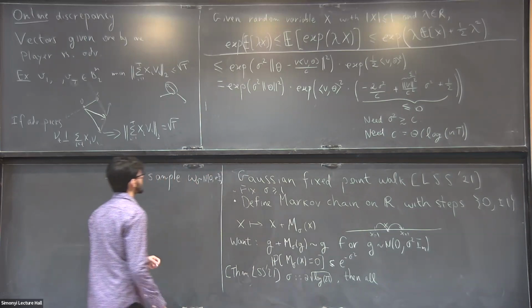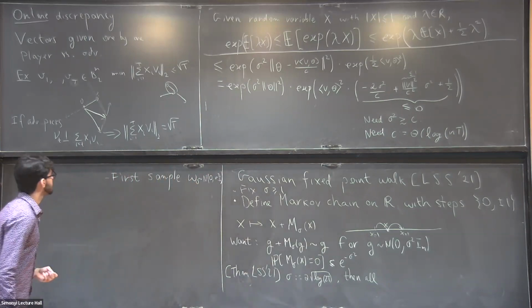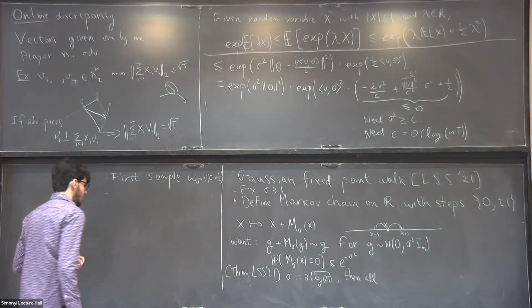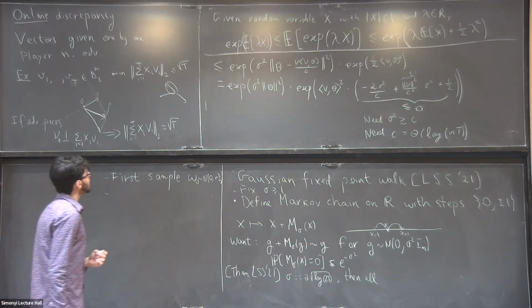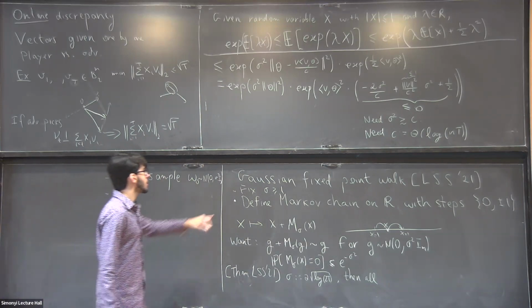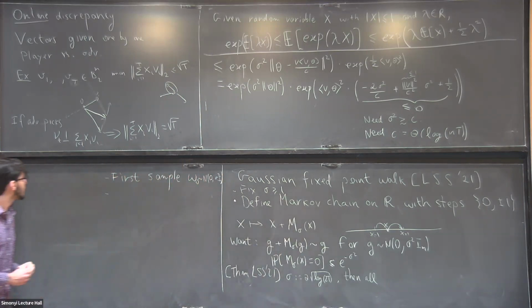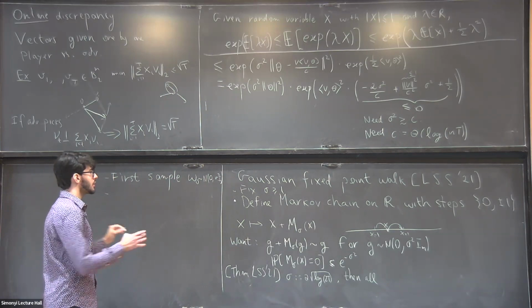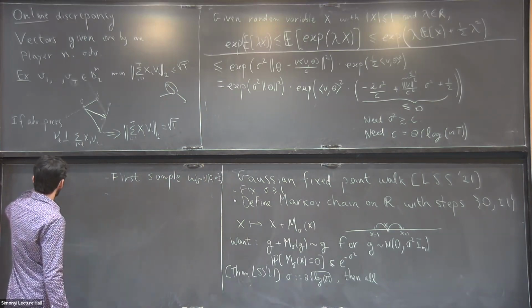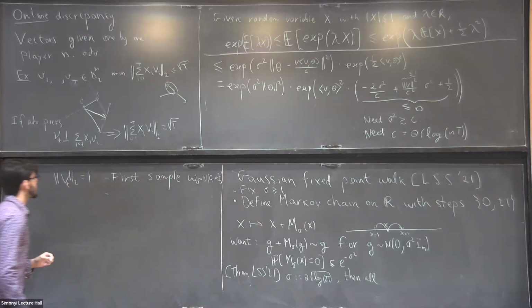It's a random vector. And then I'll take a step based on this Markov chain in the direction of the vector. So I'm just assuming that all the vectors are going to be norm 1 to make my life easier. It's not much different if they're not.